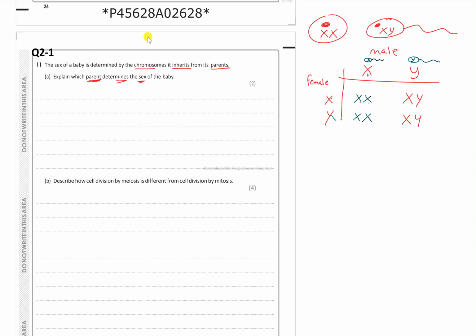So if you look carefully, it's the male, it's the father that is the one who determines the sex of the baby.